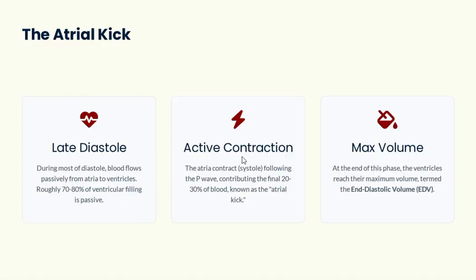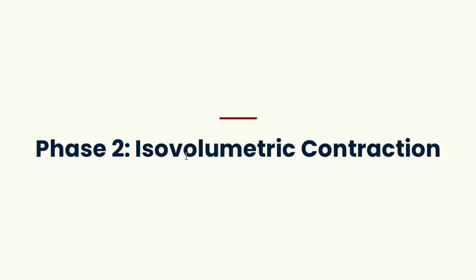And then we have active contraction, in which the atria contract (systole) following the P wave, contributing the final 20 to 30% of blood, known as the atrial kick. At the end of this phase, the ventricles reach their max volume, termed the end diastolic volume.